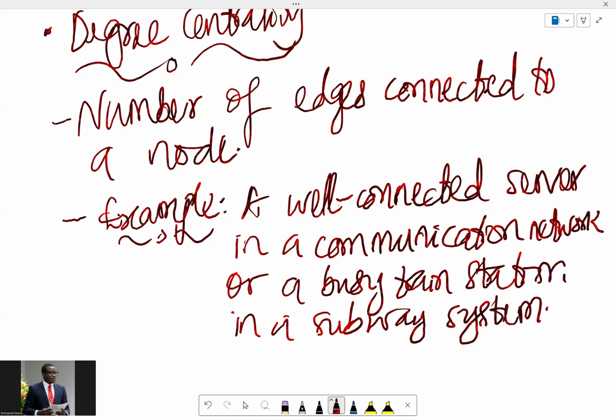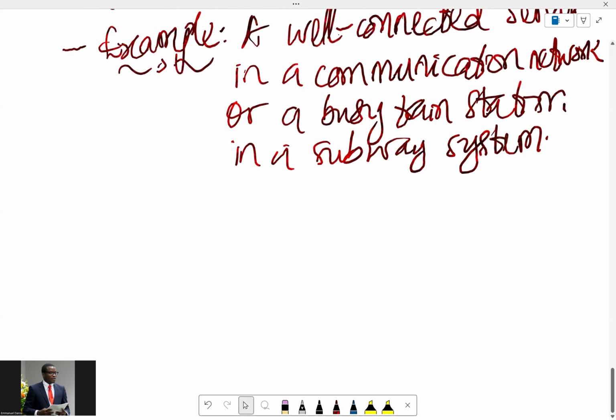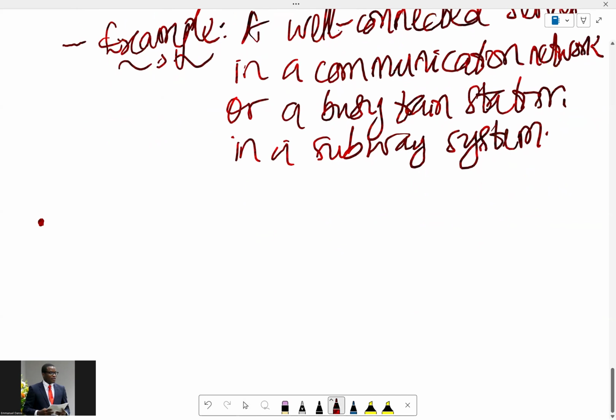In social networks, that would actually be maybe people that are called influencers. They have a lot of followers, a lot of connections. So that's degree centrality, right?